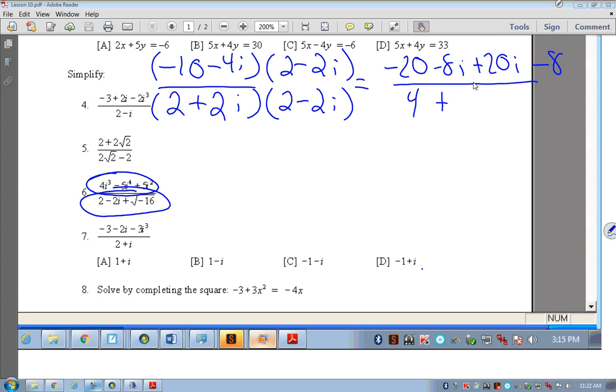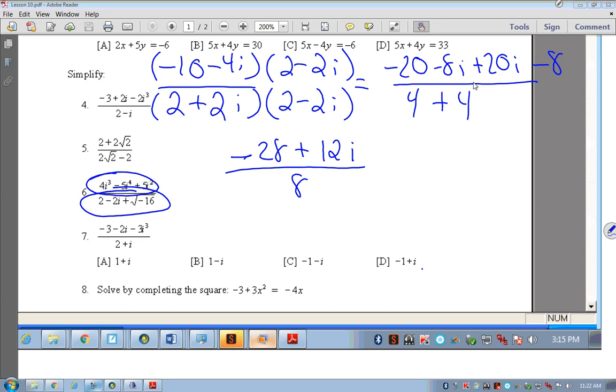All right, so positive 4. So as we simplify, we've got negative 20 minus 8. That's negative 28. We've got negative 8i plus 20i, which would be what? Positive 12i over 8. Okay, can we simplify?